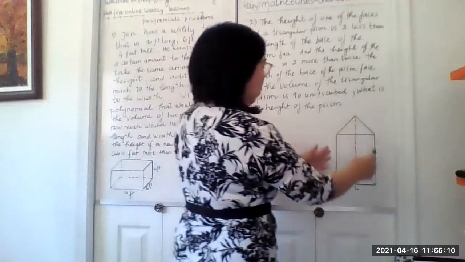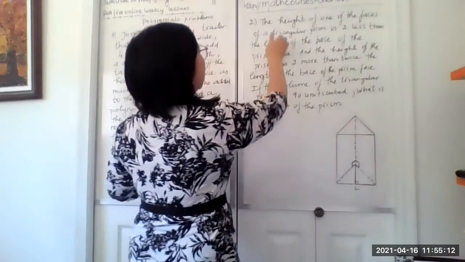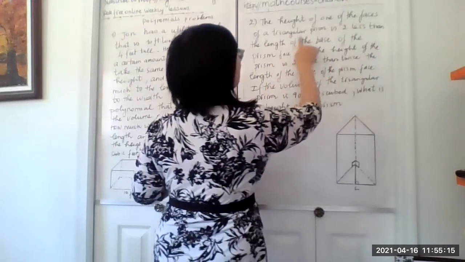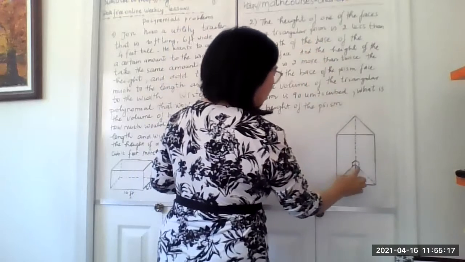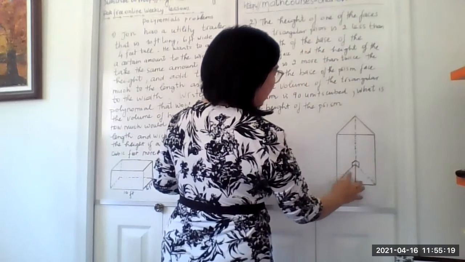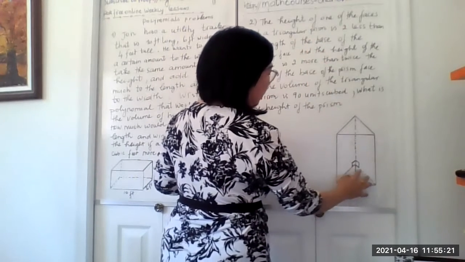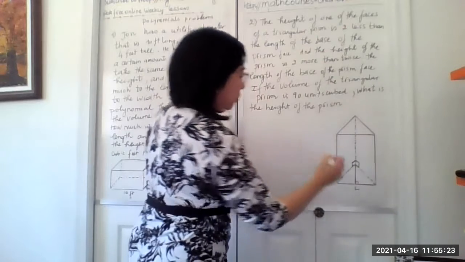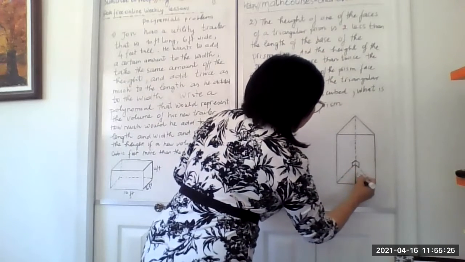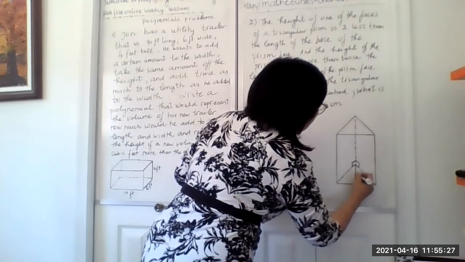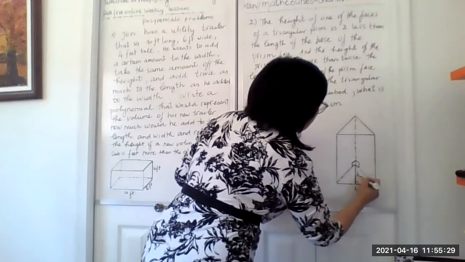So we have a triangular prism, and it says the height of one of the faces of a triangular prism. So let's say the bottom here is one of the faces of the triangular prism. The height of this, I call it height 1.